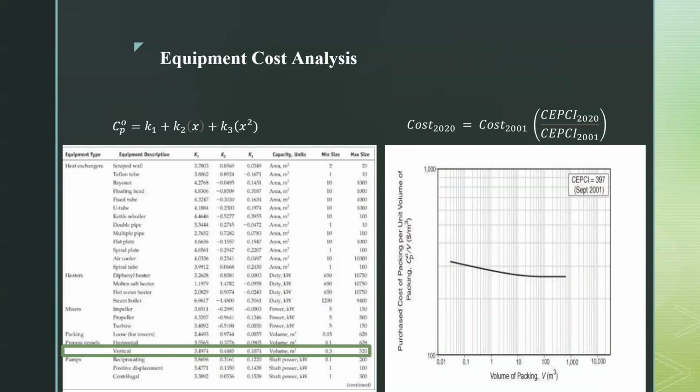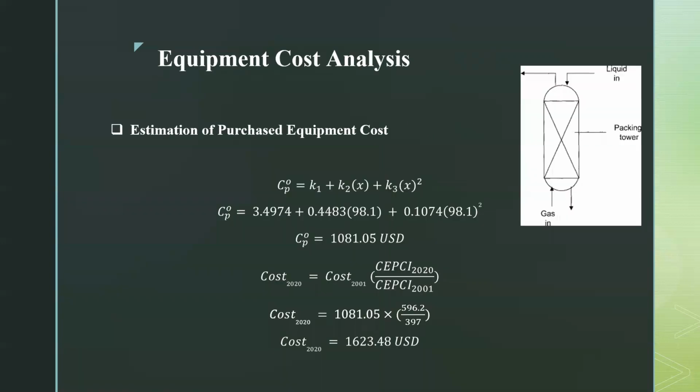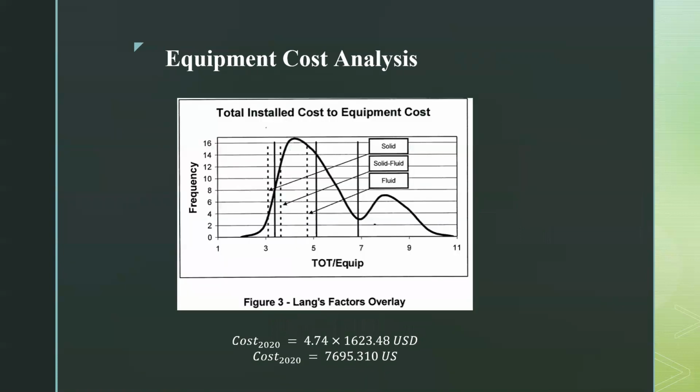And on the right, it shows the graph from which we obtain the cost index. Here is our solution of the equipment cost, which is 1,600 USD.